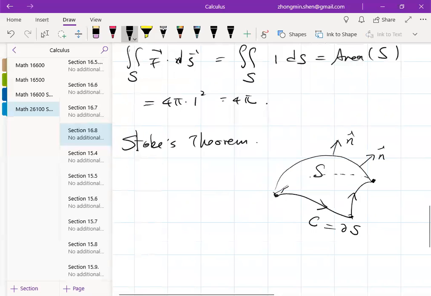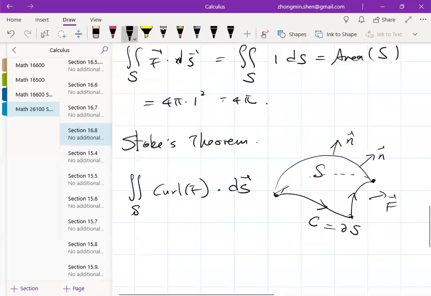Okay. Then it says that for a vector field, as long as it is differentiable, then you can take this double integral. Okay, it's not a general vector field. F is a vector field. So we only consider a special vector field, which is the curl of F, dotted with dS.